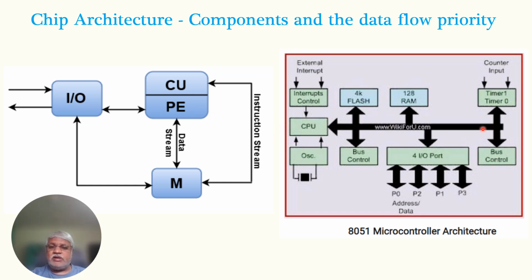And this is the bus, same thing here. So various units will be moving. That means here the data will be moving from memory to the IO, like this. The processor element and memory will communicate with one another.